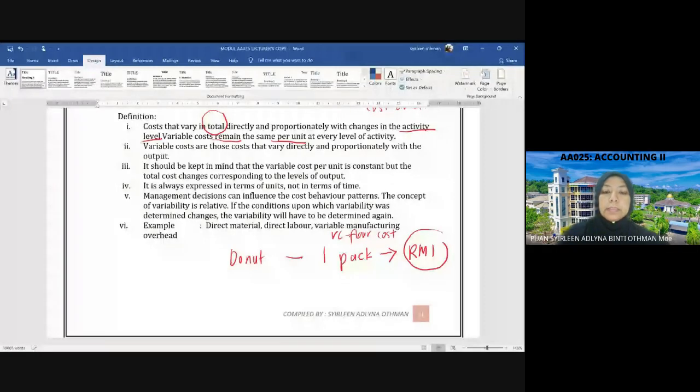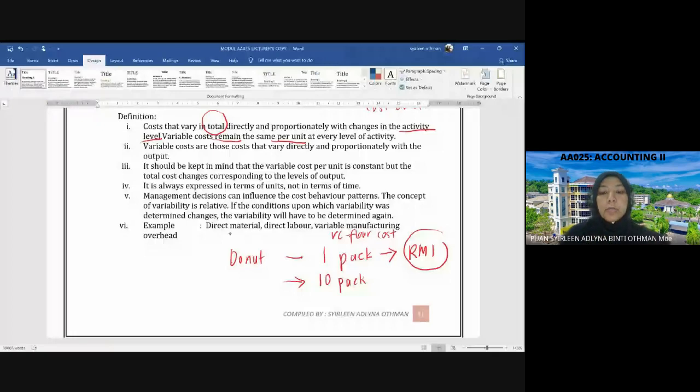Okay, let's say madam nak keluarkan lebih daripada 1 pack. Katakan I nak keluarkan 10 pack. So when I keluarkan 10 pack, my variable cost is no longer RM1. Sebab sekarang kita faham untuk keluarkan 1 pack, your variable cost is RM1.